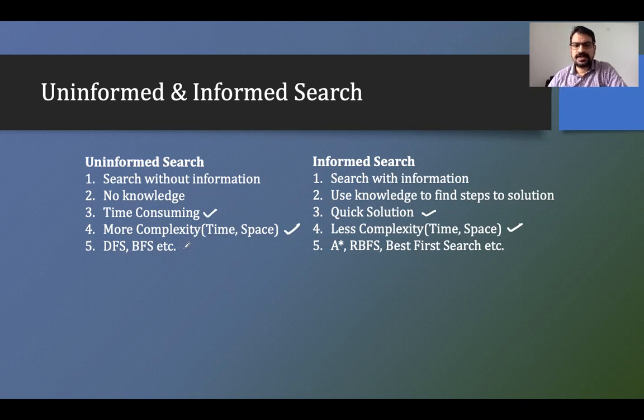So there are different searching algorithms that we have learned. Now here we are going to see different categories of searching strategy in the informed search, which are A star search, recursive breadth first search, best first search. In that way, we will see different strategies here.